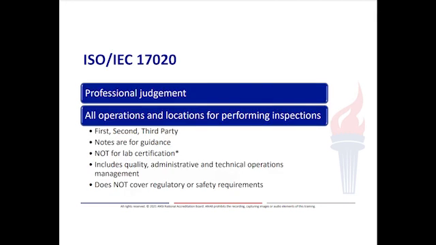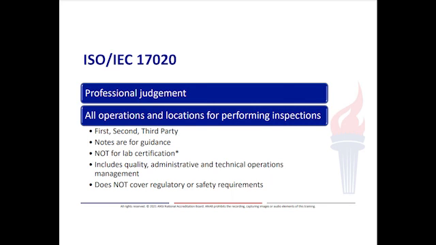Okay. Now with 17020, let's talk a little bit about that. One of the most important pieces of 17020 is the application of professional judgment. We also identify what are the operations and locations that these inspections may be performed. It's very different in how we are performing these inspections in that it requires the use of this professional judgment.